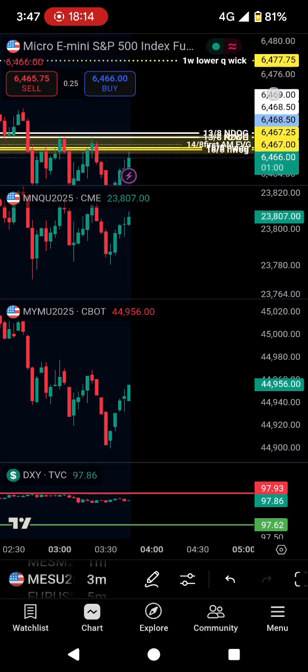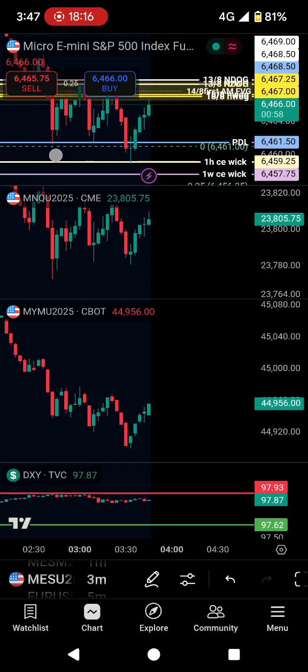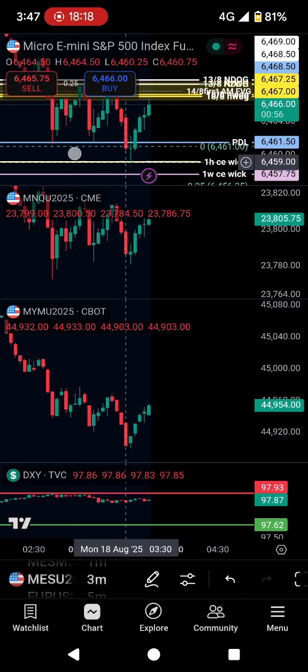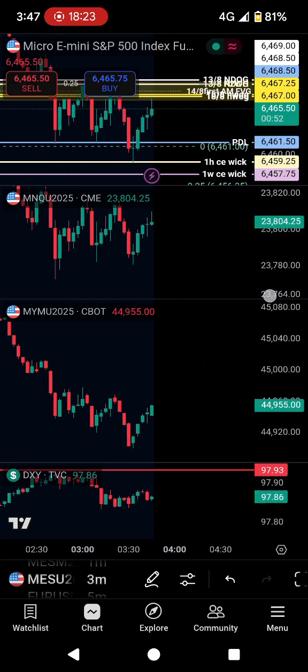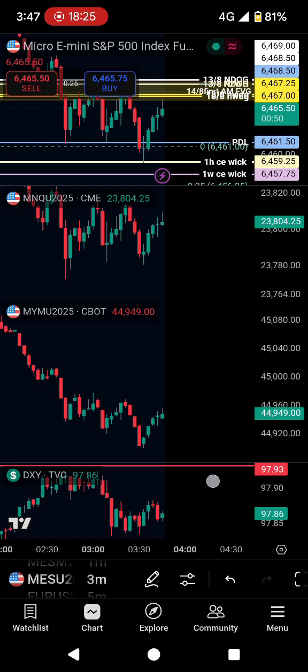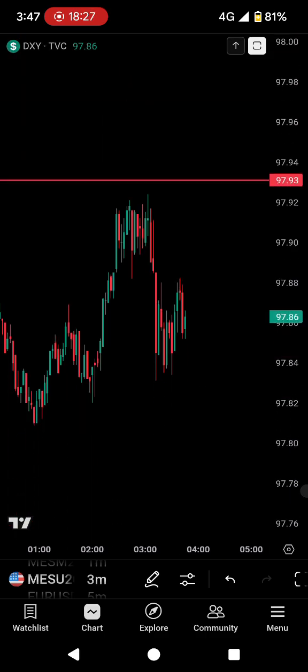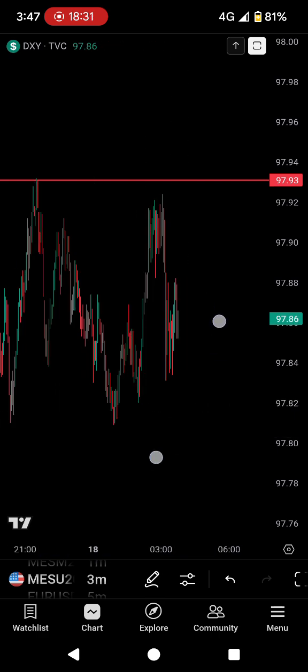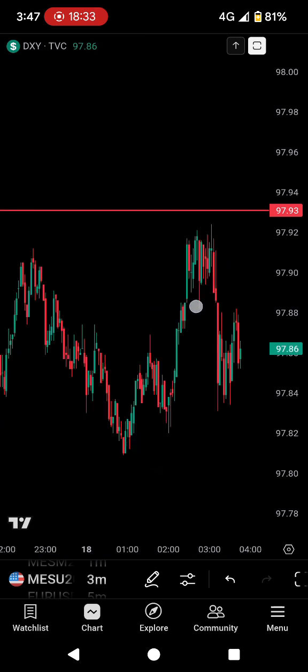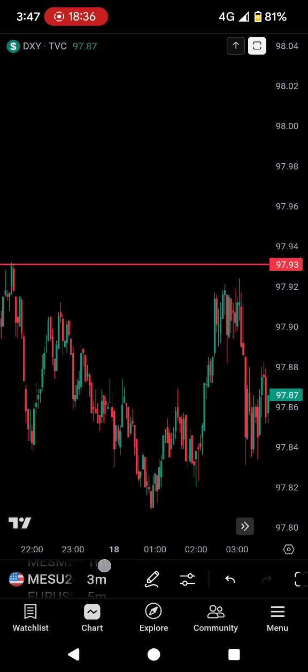So Nasdaq higher low, S&P lower low, when Nasdaq higher low, and Dow also going higher, dollar going lower, got sell side sitting here, here, while buy side is on top here.